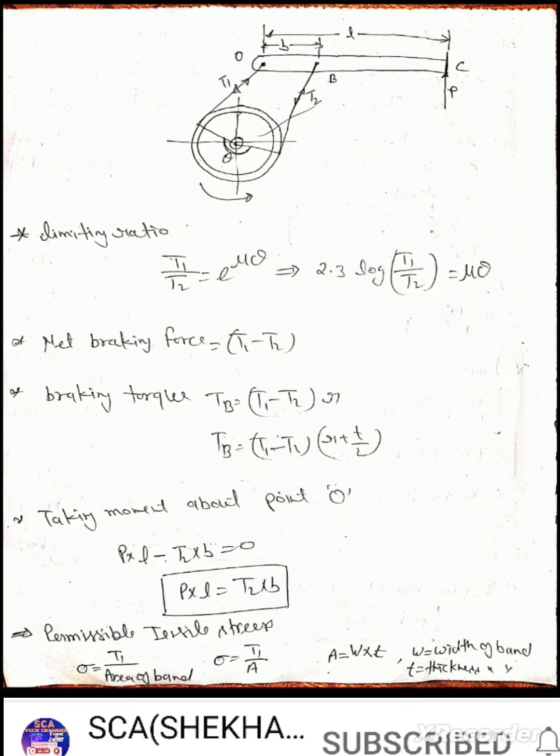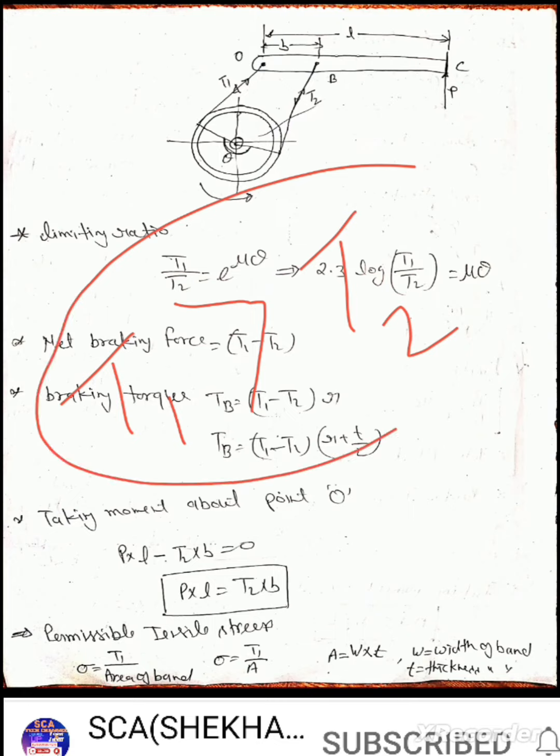The most important consideration is also T1 on the tight side and T2 on the slack side. So T1 is always greater than T2. So we consider the permissible tensile stress on the tight side and take the force as T1.